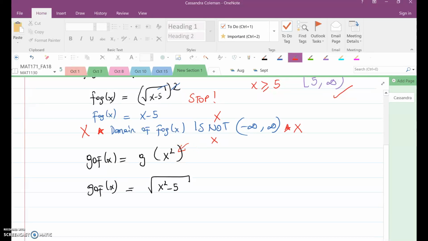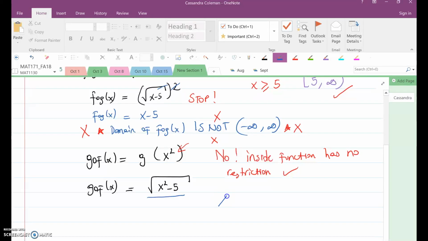Does inside function x squared have any limitations in terms of domain? No. Okay, inside function has no limitations, has no restrictions. Okay, so then we can go here and directly look up what's happening there.